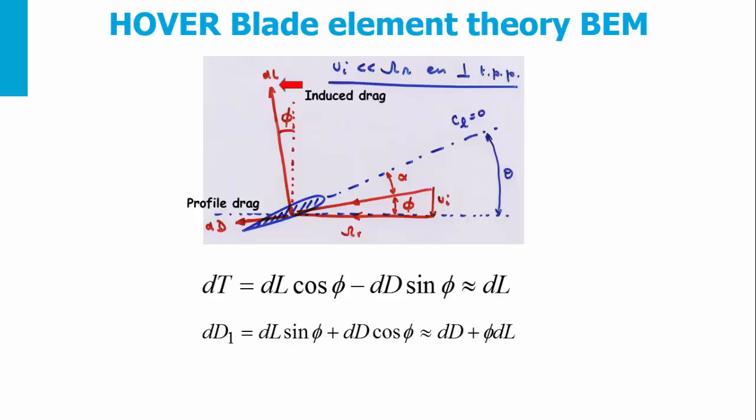In this way, one obtains the thrust force and the drag force on the blade element. The thrust force can be approximated with the lift force on the blade element. This is because the inflow angle is small and the drag is also small on the blade.